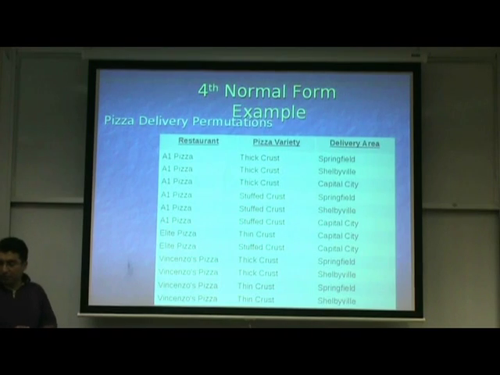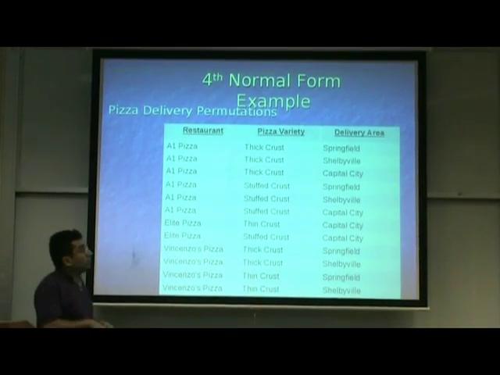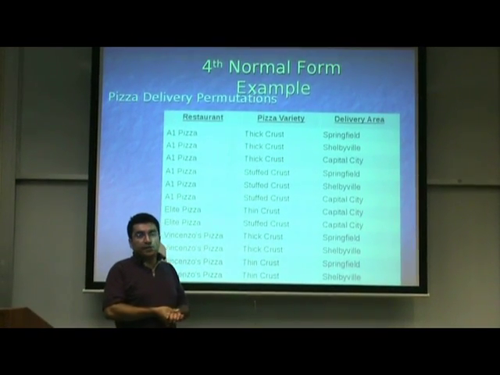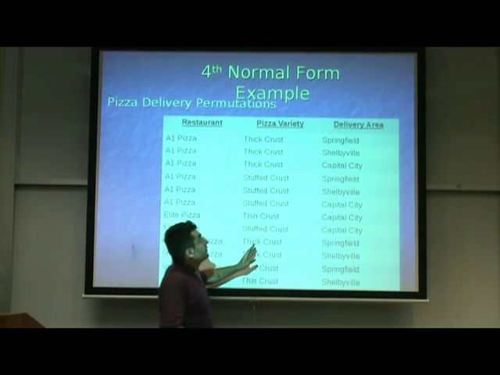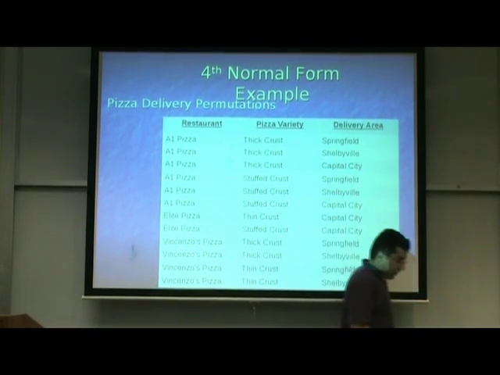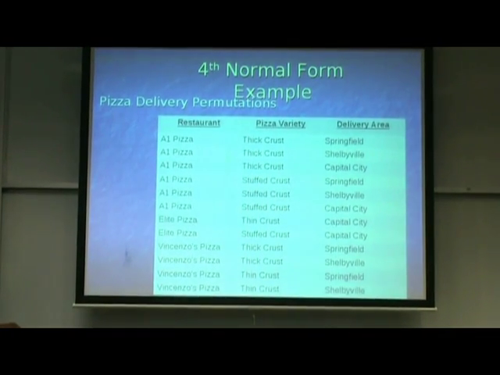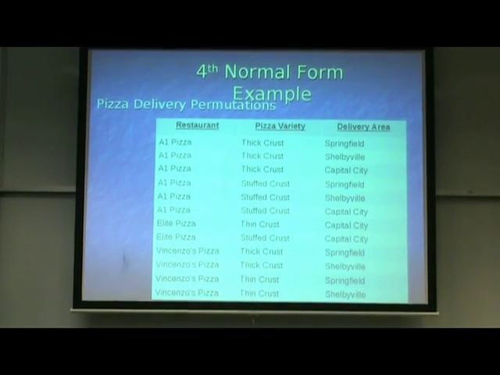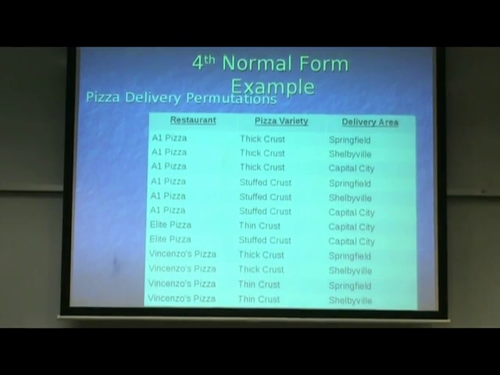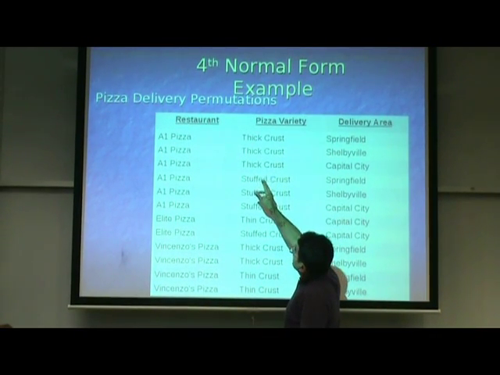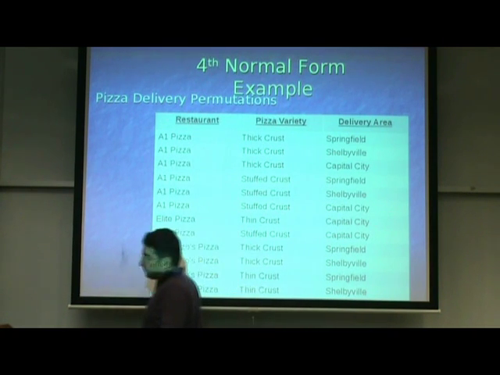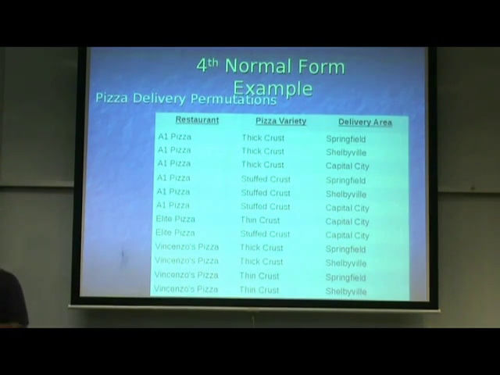Suppose that you have this table, okay? This is a many-to-many relationship. Restaurant, pizza variety, and delivery area, okay? So, by restaurant you can decide about pizza variety. Also, you can decide about delivery area, okay?